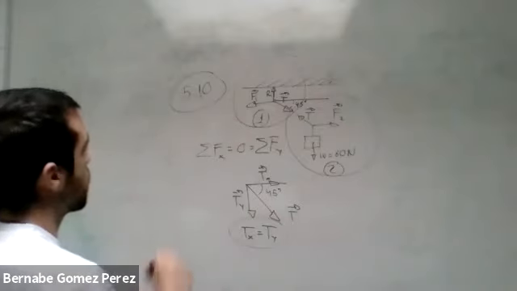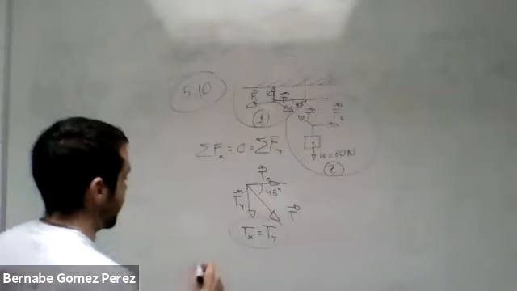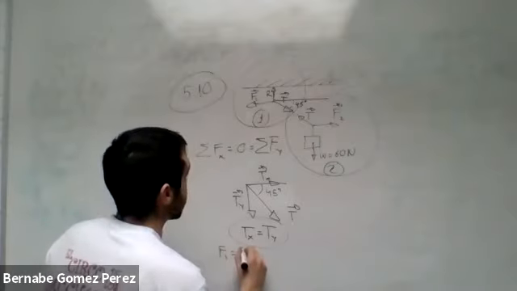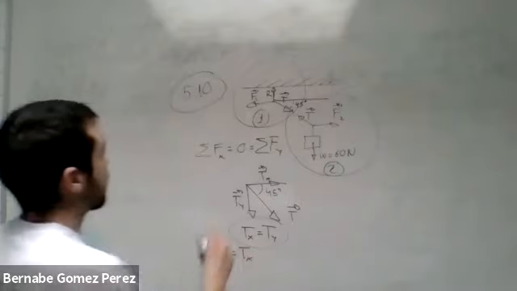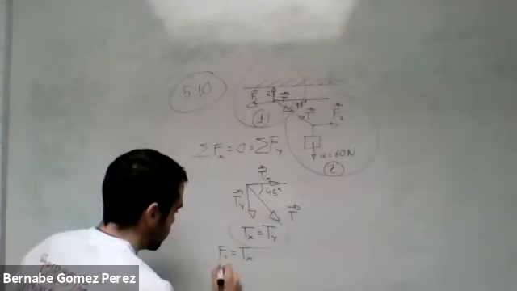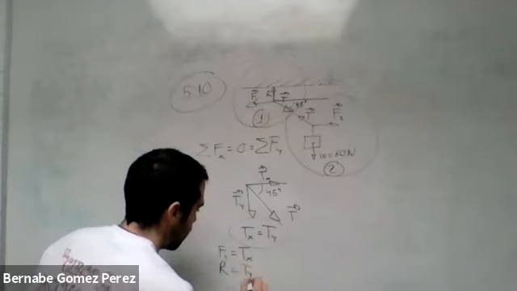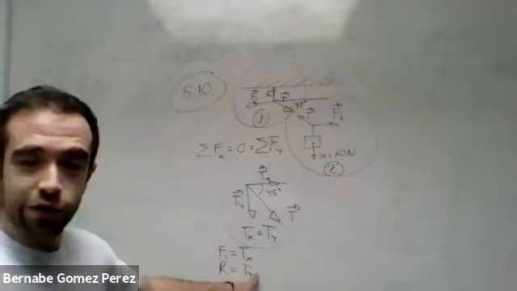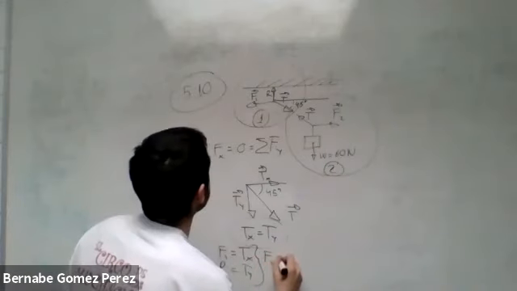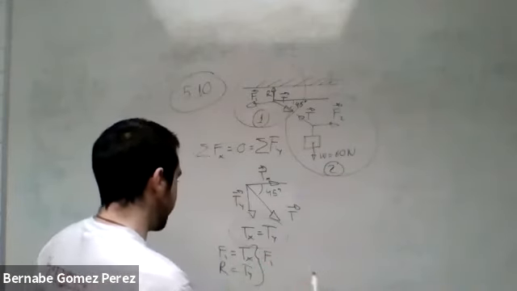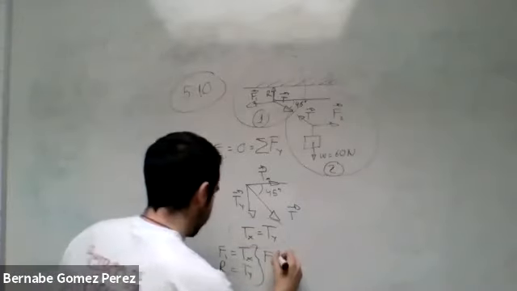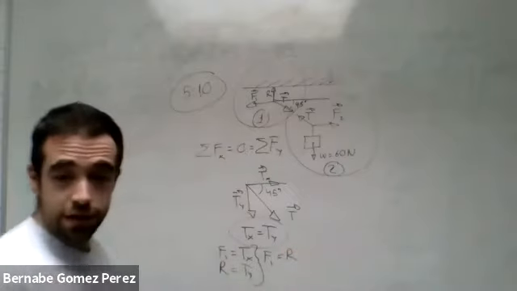This is important to know. Then I will have to equalize. So for example, I will say, okay, F1 is going to be equal to Tx. They have to be equal. And R is going to be equal to Ty. I know that Tx is equal to Ty, so why not say that F1 is equal to R? Everything is the same, right? Does it make sense?